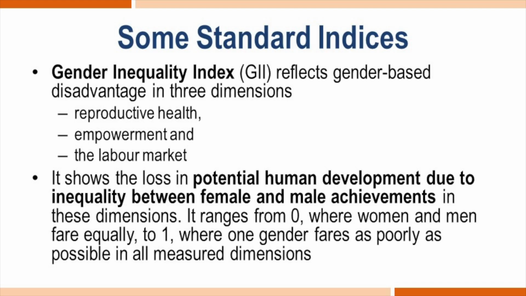It shows the loss of potential human development due to inequality between female and male achievements in these dimensions. The value ranges from 0 to 1. Since it is an inequality measure, 0 means absence of inequality, that is, there is no difference. And the closer to 1, the more unequal they are.